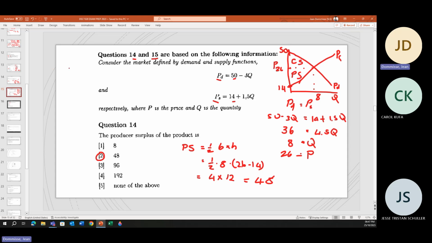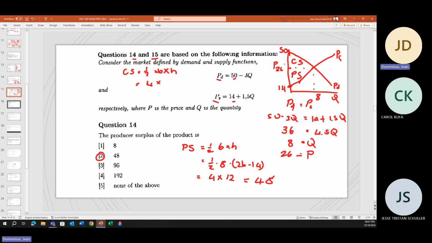But for consumer surplus, let's just use it here again, it will be the same formula, nearly: half base times height. So that base will be the 8 times half, so that will stay the same.